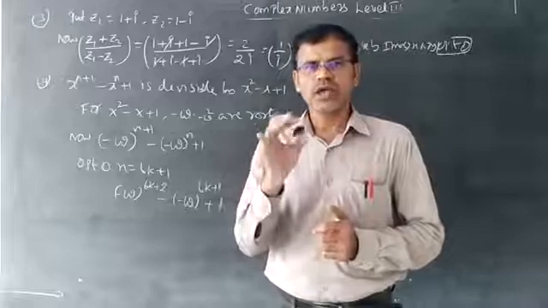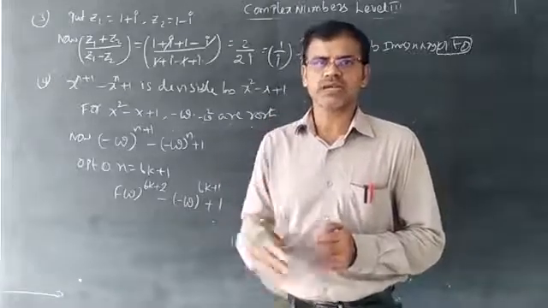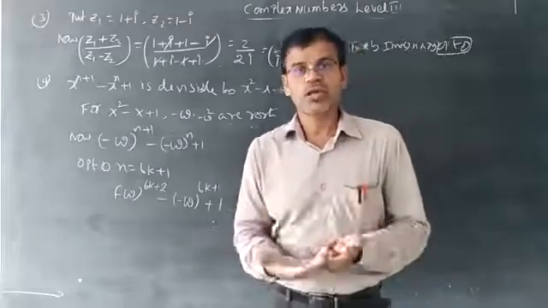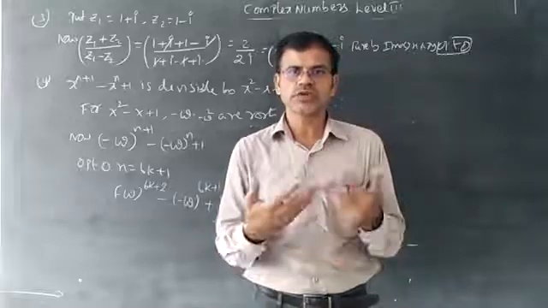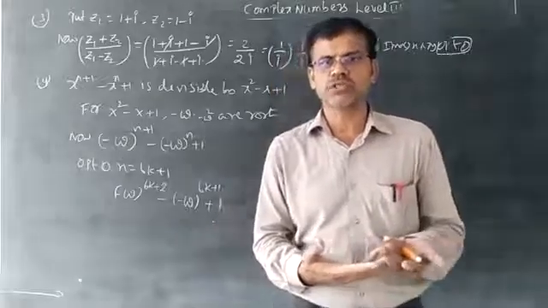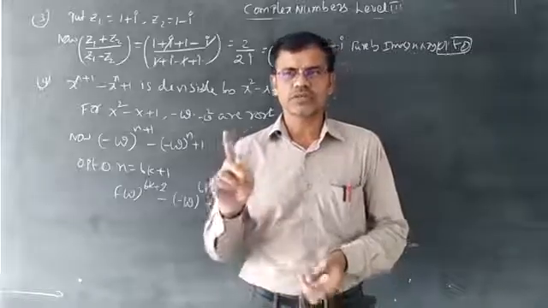Whenever it is not a multiple of 3, even 1 plus omega power 4 plus omega power 5 can be understood as 1 plus omega plus omega square. The sum is always 0 if it is not a multiple of n.